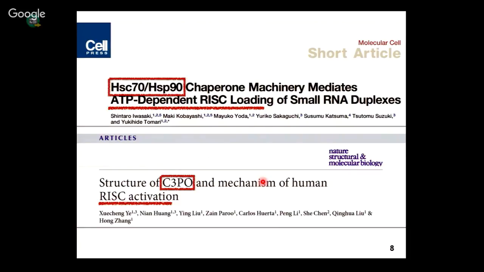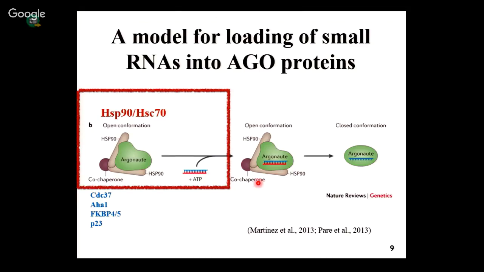There are several factors that have been implicated in the loading of the RISC and RISC activation. The first one is HSP90 and HSC70, and some evidence shows that these chaperone proteins will open the AGO protein to guide the initial binding of the duplex microRNA.